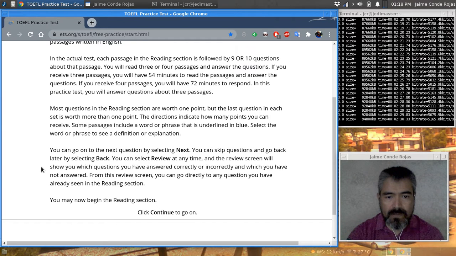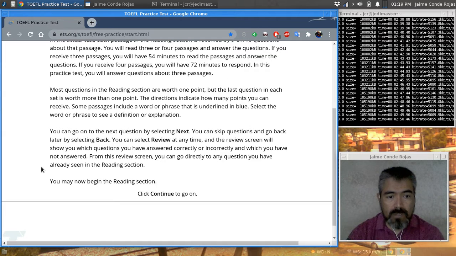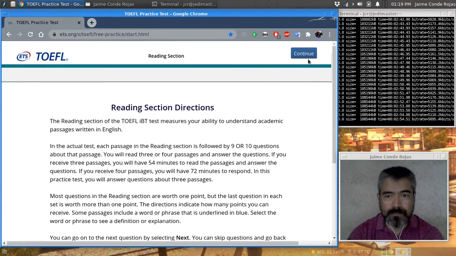You can select review at any time, and the review screen will show you which questions you have answered correctly or incorrectly, and which you have not answered. From this review screen, you can go directly to any question you have already seen. You may now begin the reading section. Click continue to go on.